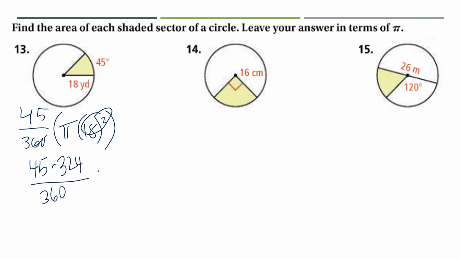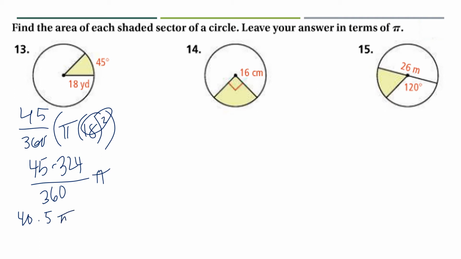And remember, we can just tack that pi on at the end so that we don't really have to deal with it. So 45 times 324 over 360 ends up being 40.5 pi.